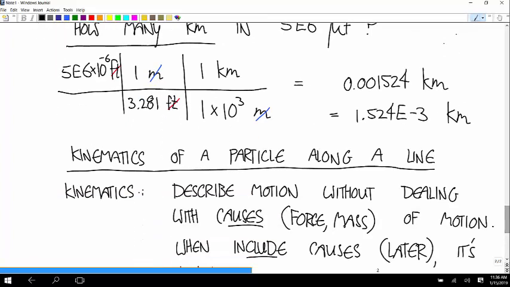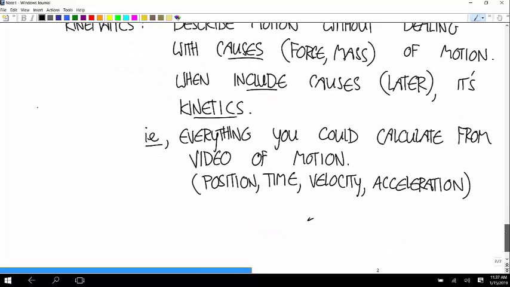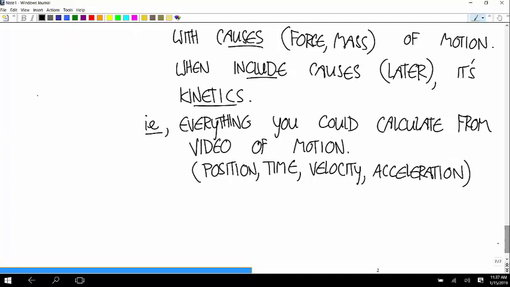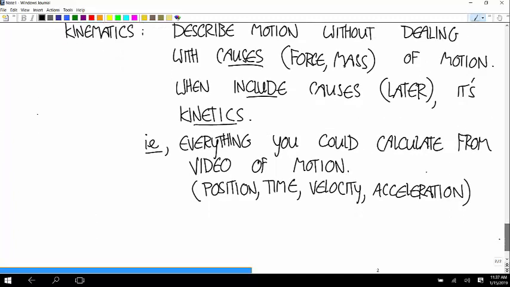So that's kinematics. The next thing that is included in this description, in this title, is particle. So what is a particle? I think probably the most common answer that people would give off the top of their head is that a particle is a really small object, but that doesn't have to be the case.